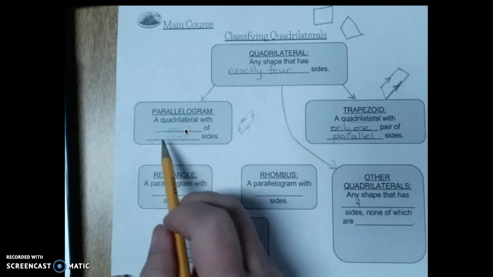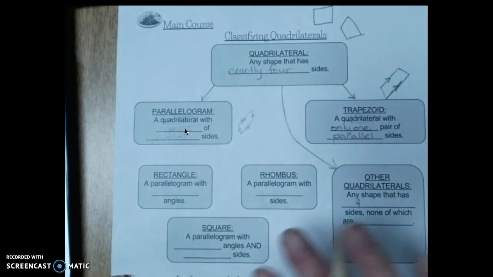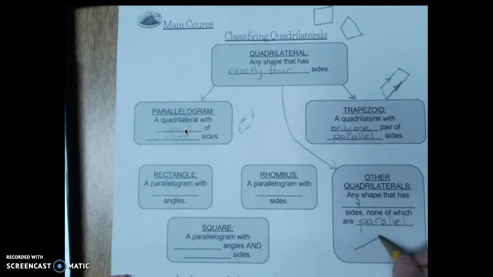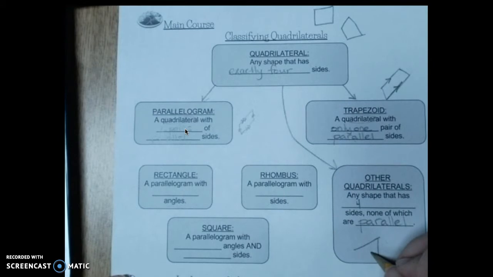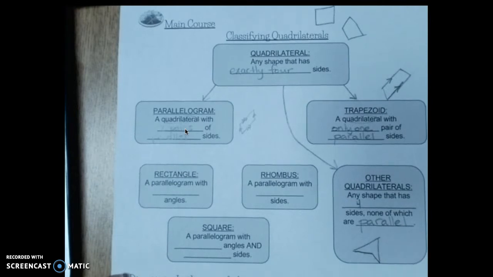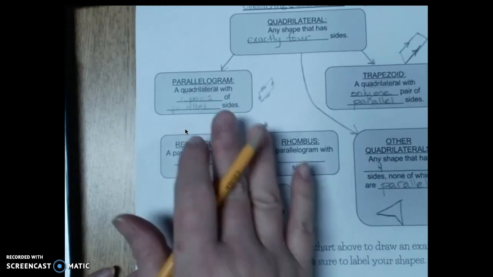These were parallel and these were parallel, so these have to have none that are parallel. So like this shape has no parallel sides, but there's four of them: 1, 2, 3, 4. So it's a quadrilateral with four sides, none of them parallel. That's another quadrilateral.